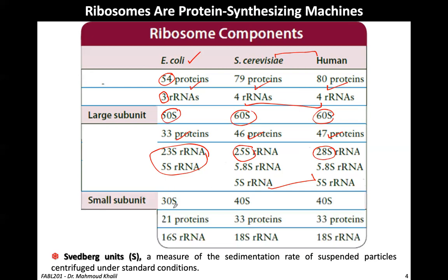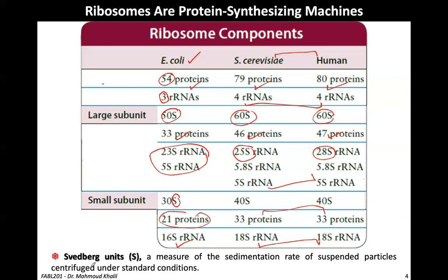For the small subunit as well, you can see a major difference in the number of proteins between prokaryotes and eukaryotes, and in the type of ribosomal RNA complexed with proteins. So what's S?